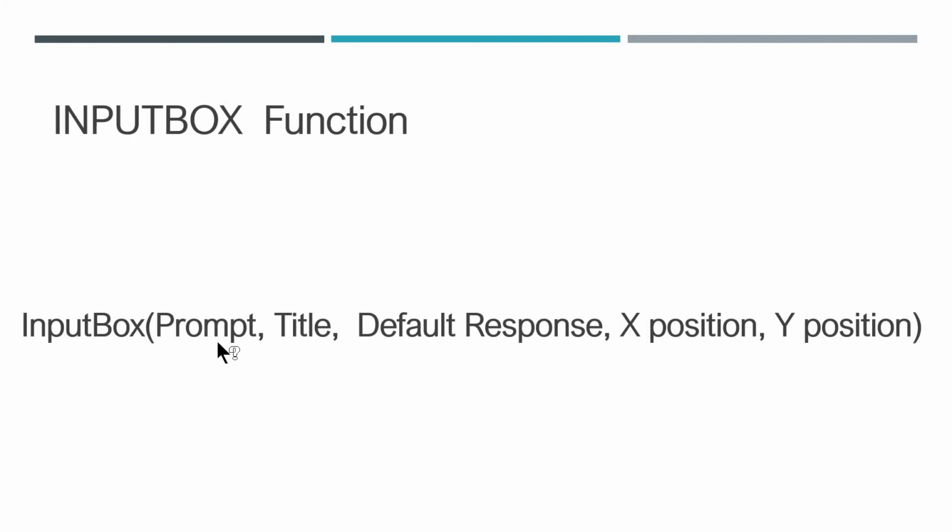Coming to prompt, the text will be displayed as a message in the pop-up dialog box. Coming to title, which is optional, a particular text will be displayed on the title bar of the pop-up dialog box. Usually, the application name is placed on the title bar of the window.